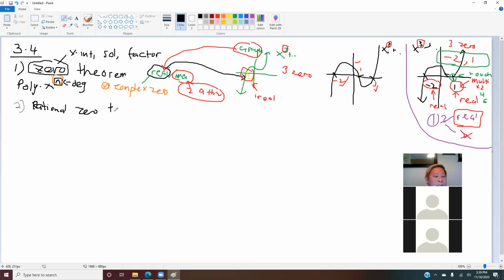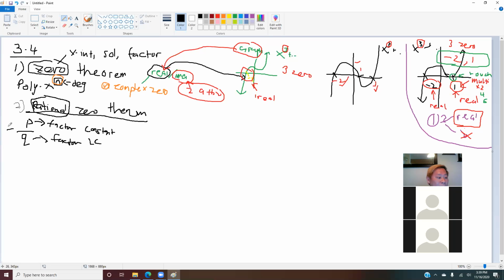Okay. What is this? All these are important, so make sure. What is the rational zero theorem? The word rational means fraction. So this will actually give us a fraction, p over q, where p in this case is the factor of your constant term, and q in this case is the factor of your leading coefficient.